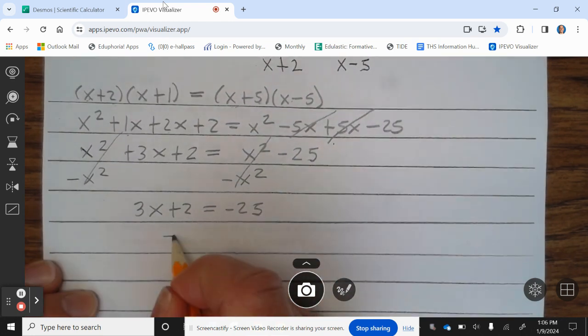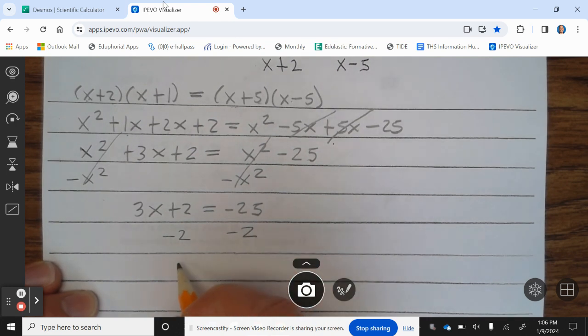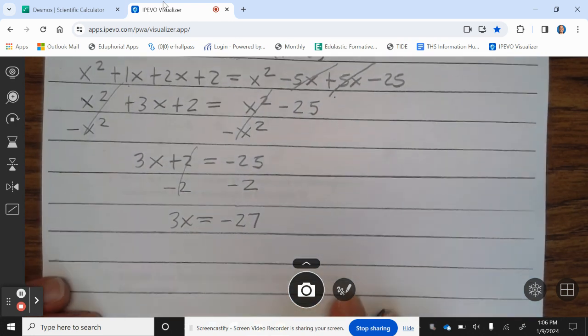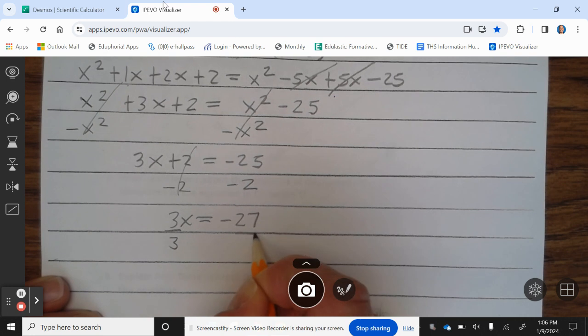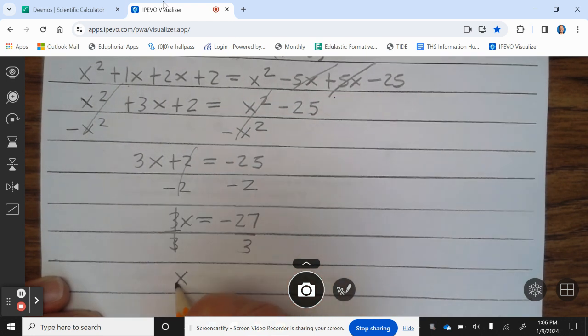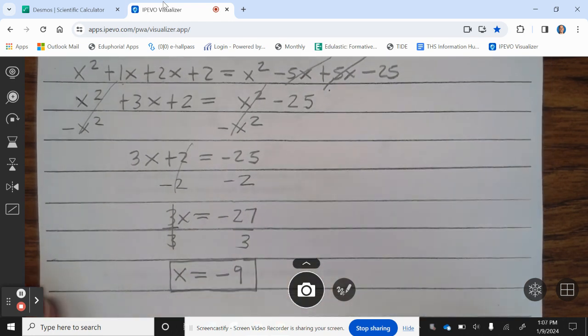We're going to subtract 2 from both sides. You get 3x equals negative 27. Divide both sides by 3. x equals negative 9. All right, go ahead and finish it up. All right, let's take a look at the next page.